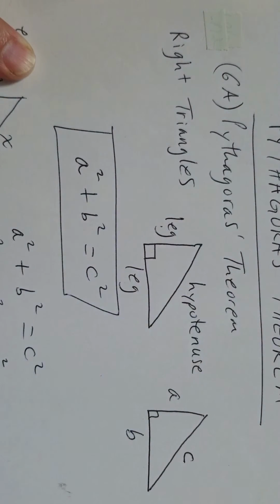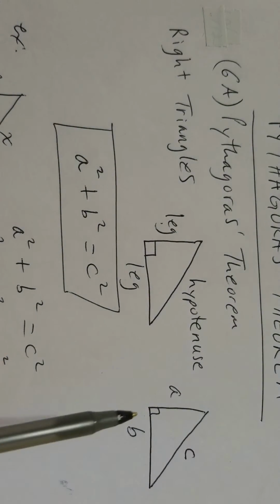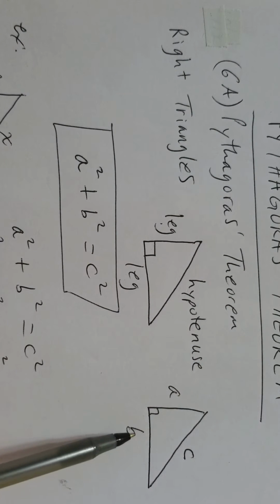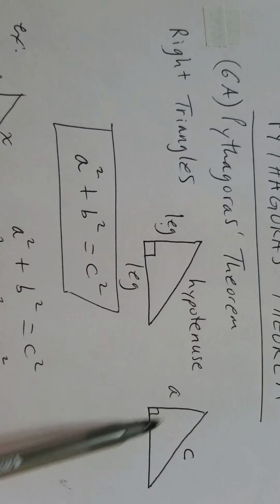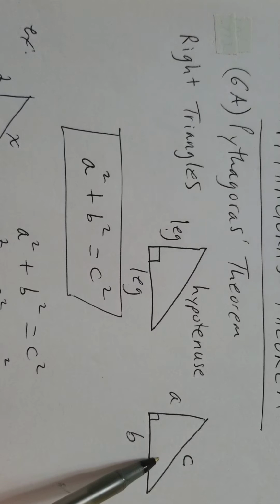And you know how in math we like short notation, short symbols. So we call the legs A and B. It doesn't matter which is which. The hypotenuse is known as C.